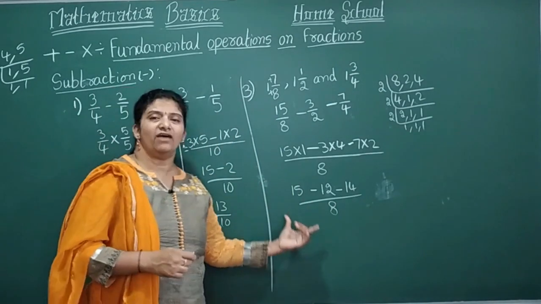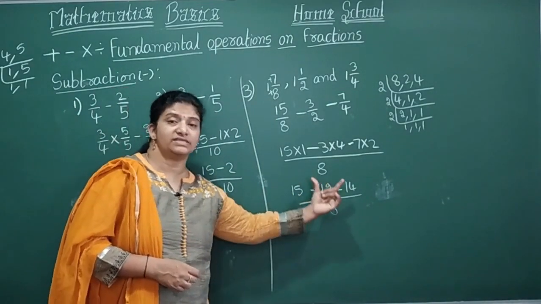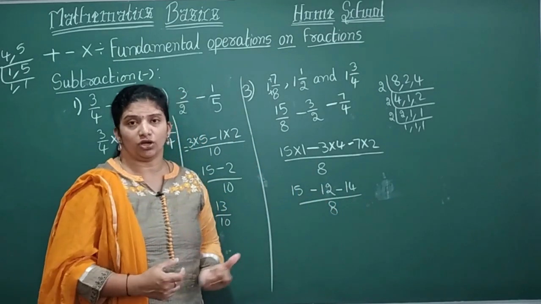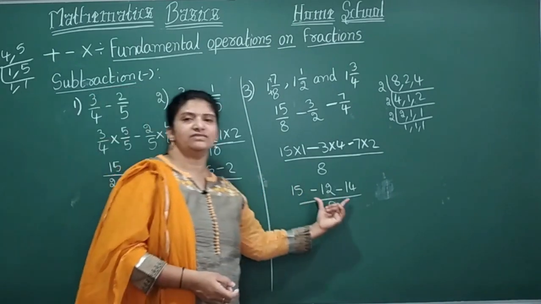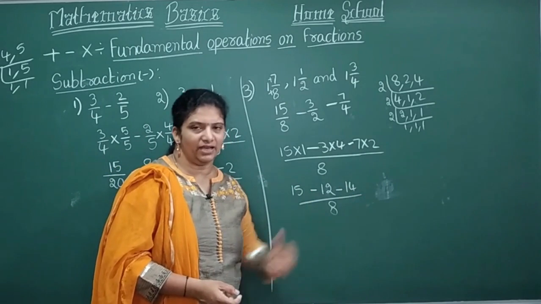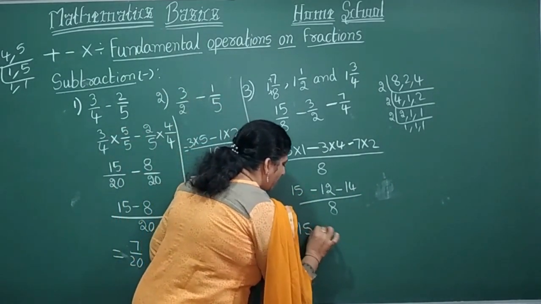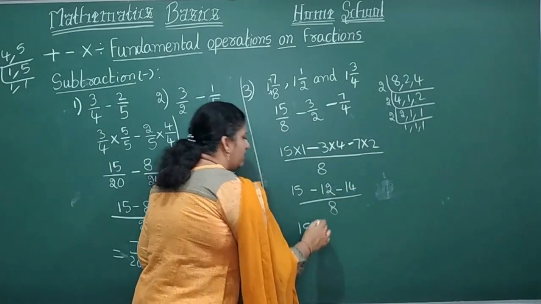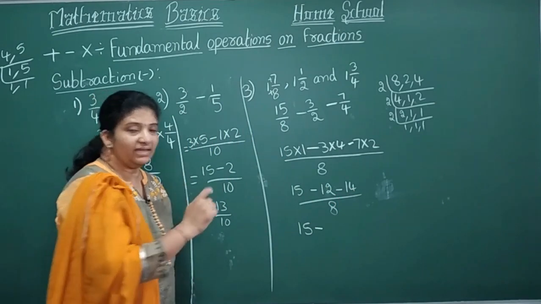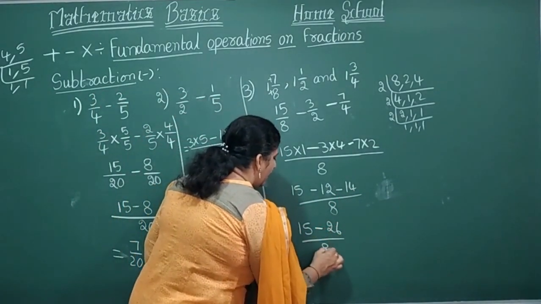So when you have something like this, children, first thing: when you have the same sign, you know from addition operations, right? When you have the same sign, what you are going to do is take the sign and add the numbers. Okay, so now 15 minus, add these two, children, it will be minus 12 minus 14 will be minus 26 by 8.